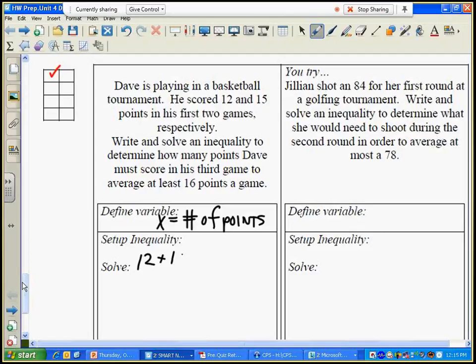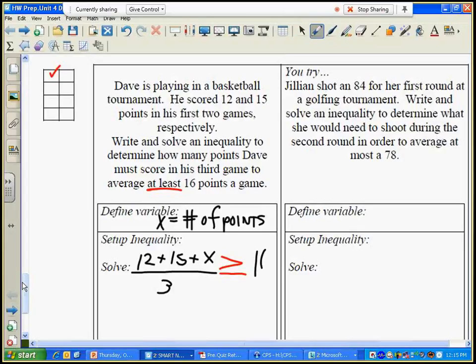What we don't know is the 3rd one. Now, if we take that and divide it by 3, that should be the average of his 3 games. Now, this should be at least 16 points a game. Remember, at least is a lower boundary. That means that it needs to be greater than or equal to 16.